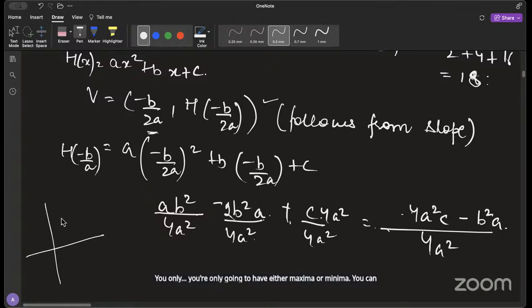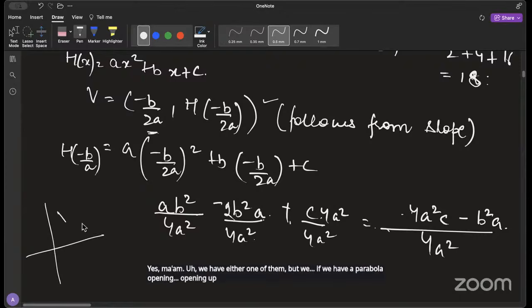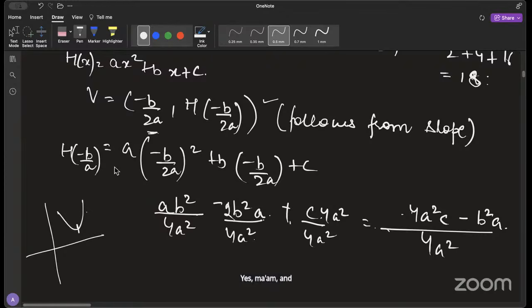You can't have both, right? Yes, ma'am. If we have a parabola opening upward, then it is for the minima, and the minimum value is given by the y coordinate of the vertex of the parabola. Correct. That will be h of minus b by 2a.